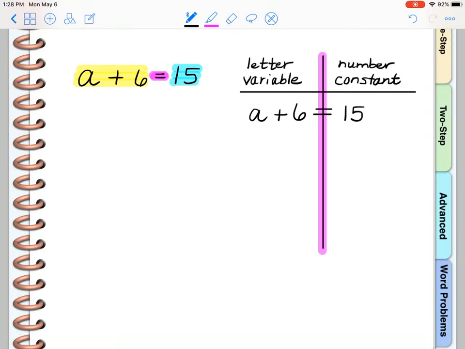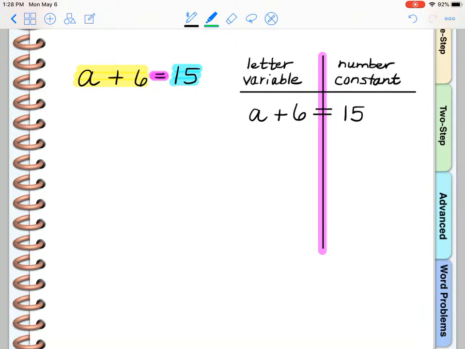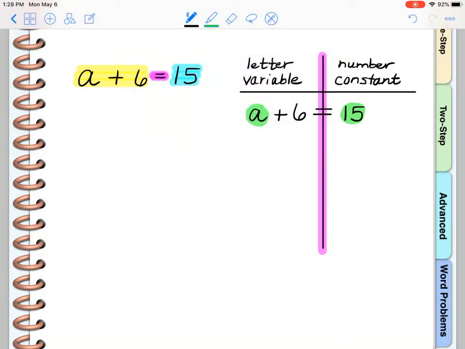So then let's take a look here. I'm going to use one more highlighter color. I have the A and I have the 15 that are both placed correctly. The A is a variable and it's sitting on the variable team.